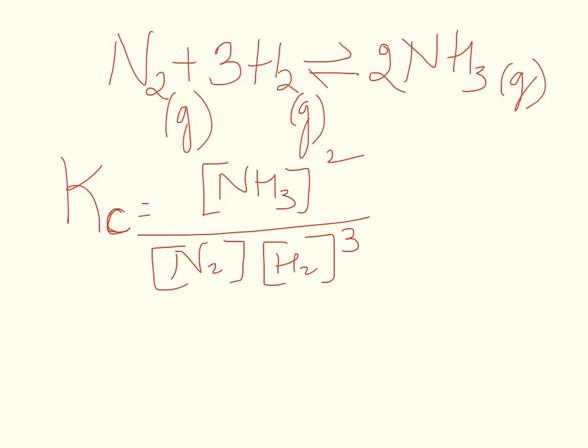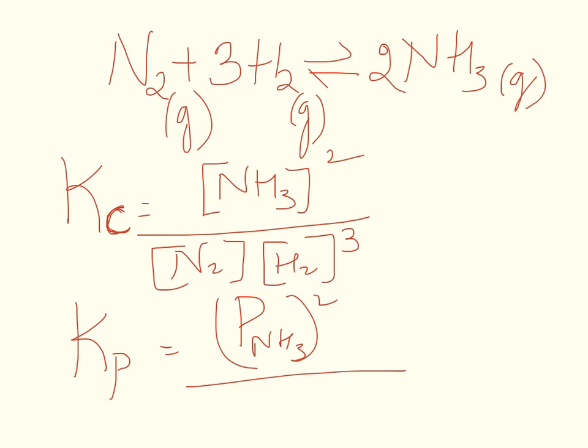Now this is Kc, the concentration equilibrium constant. If the data was pressures, then Kp would be pressure of ammonia squared, divided by pressure of nitrogen multiplied by pressure of hydrogen cubed.